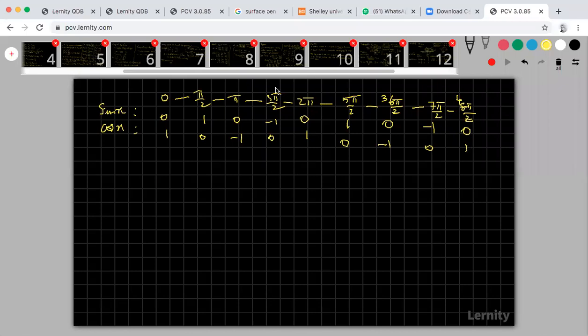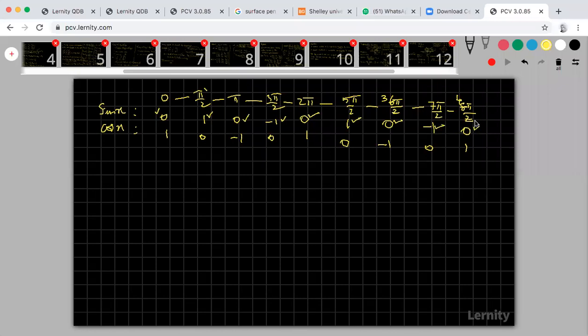Now look at that. I'm getting the same value. Here it is 5 pi by 2. So this 0 value is repeating here. This 1 is again repeating here. This 0 is again repeating here. This minus 1 is repeating here. Again this 0 is repeating here.